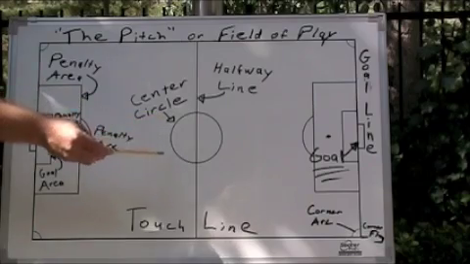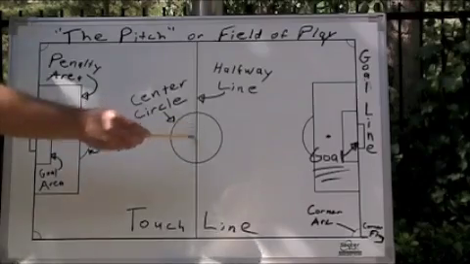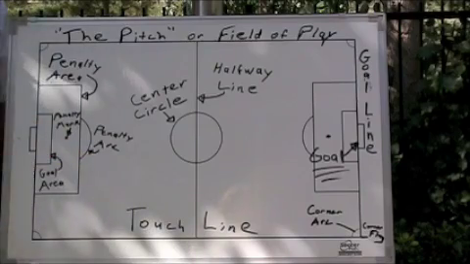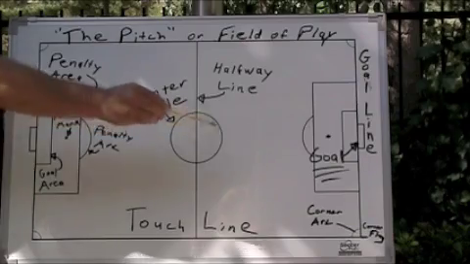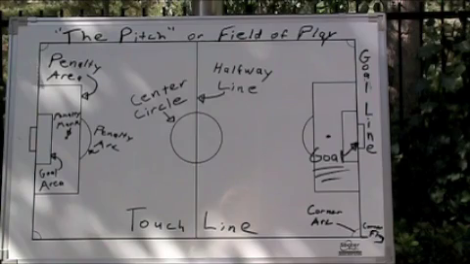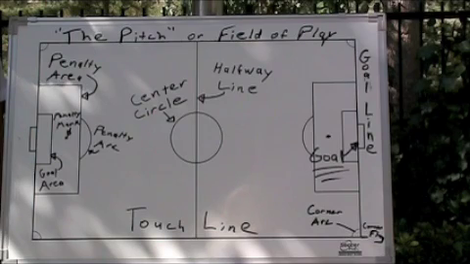And so when the kickoff is taken, the kicking team can be within here, but the opposing team has to be outside of the center circle. And again, it's a radius of 10 yards all the way around from the very center of the field. Okay, and again, there should be a center chalk mark there to show the very center of the field.